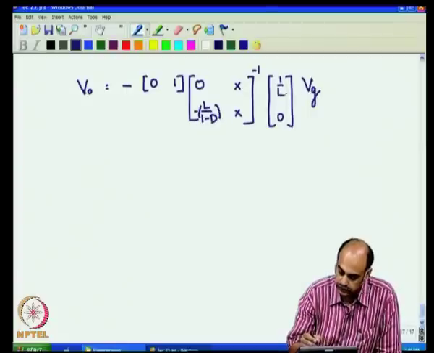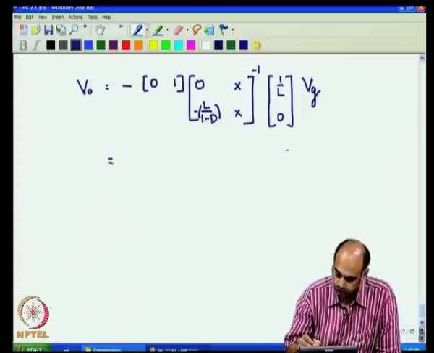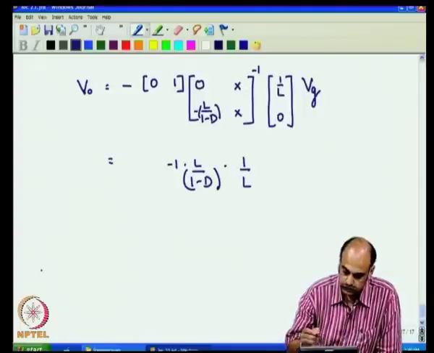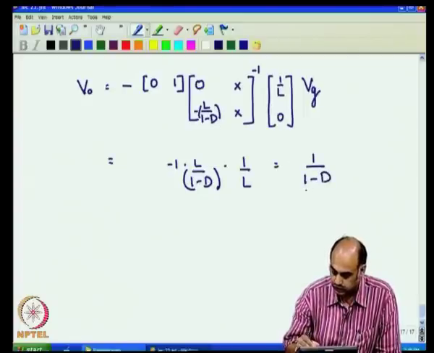Now, this on multiplication gives you one into L by 1 minus d into 1 by L, which is equal to 1 by 1 minus d.